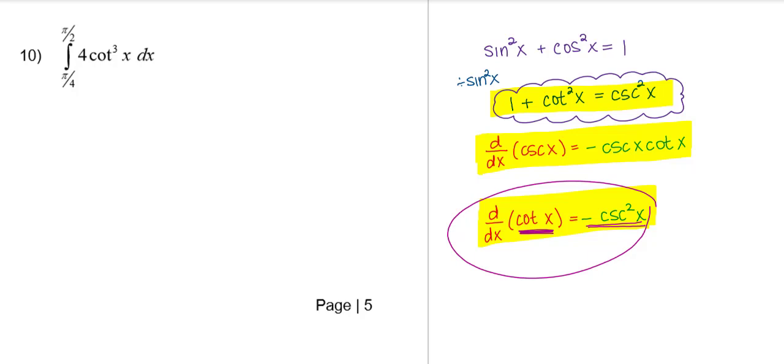So the 4, don't let me forget about this, constant coefficient of 4 out here, but that certainly could be brought out front from your whole integral. Just don't forget it when you go to figure out your answer.